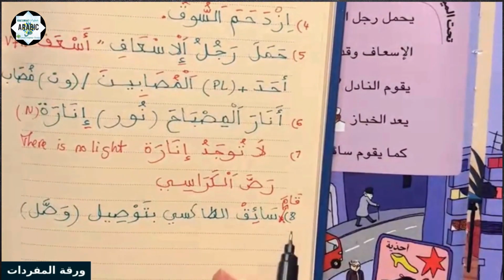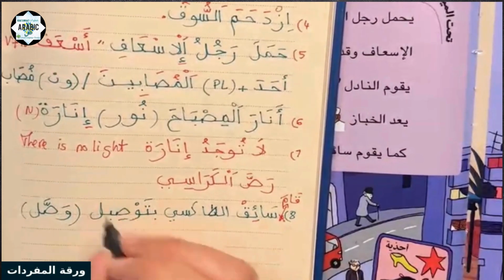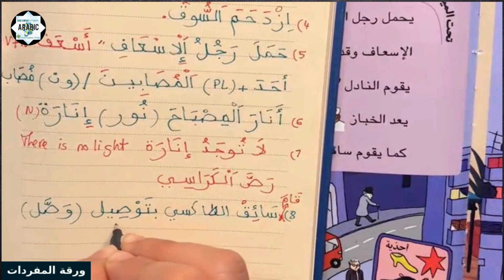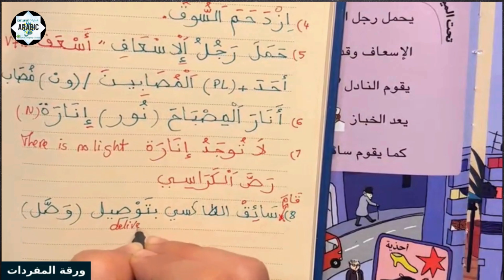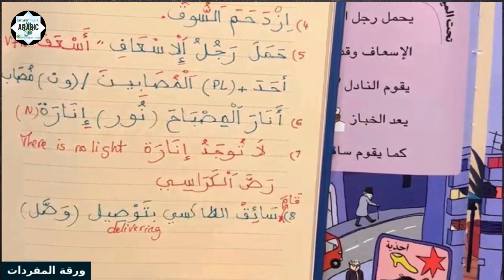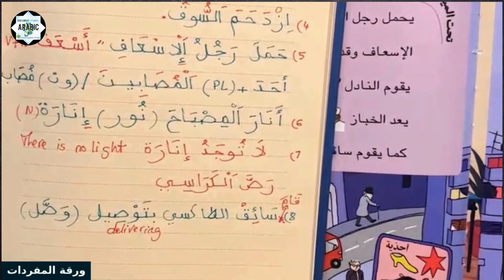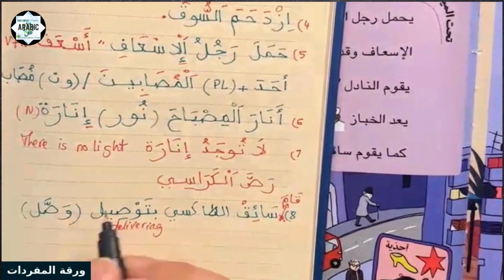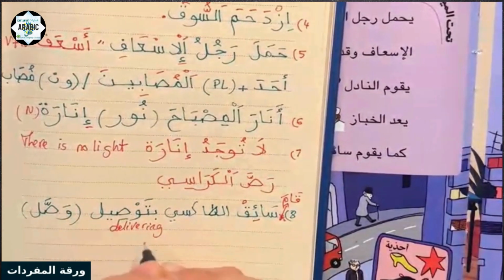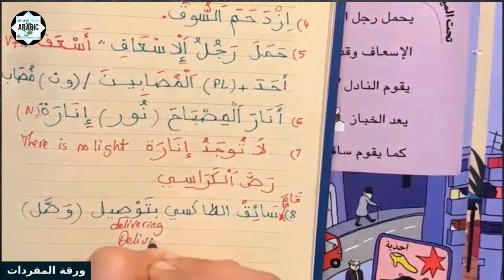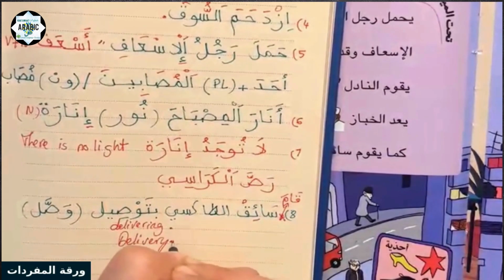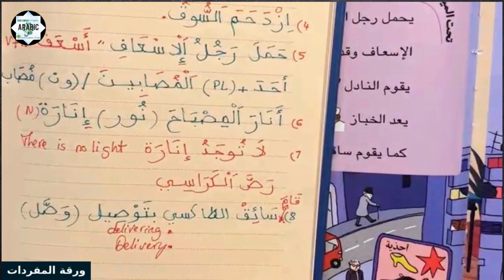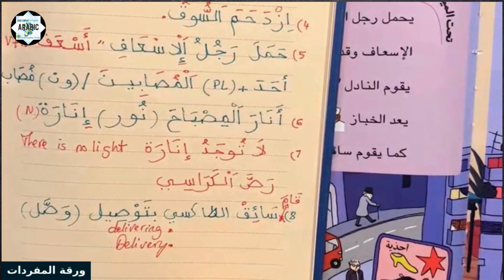توصيل also has to do with delivery. Delivering, which is to give someone a ride, but توصيل is delivery. If you come from a restaurant and you ask for delivery, you would say توصيل من فضلك. خدمة التوصيل, delivery service.